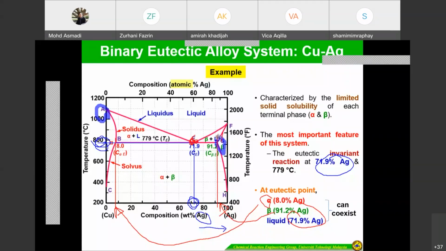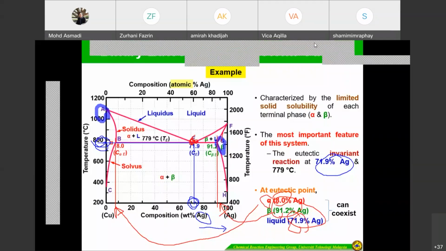So just subtract from 100%, and you can get all these compositions. Is it clear? Any questions about this eutectic? Okay, clear.